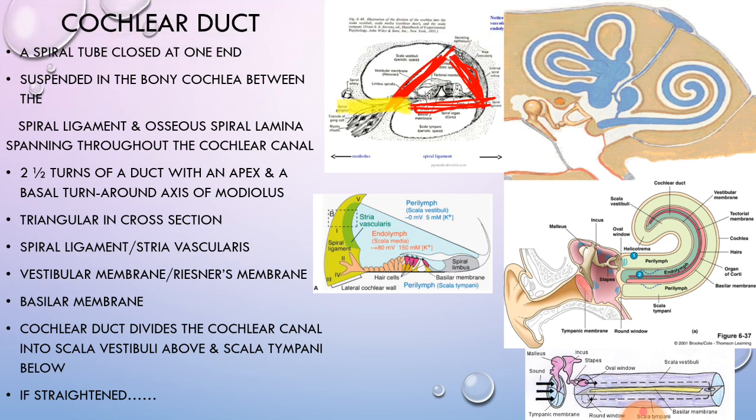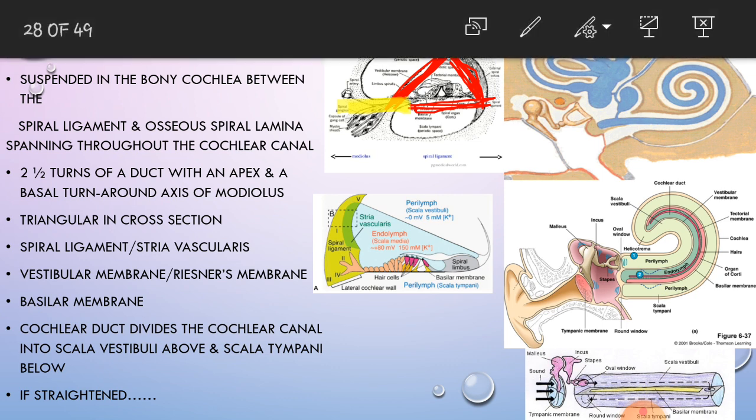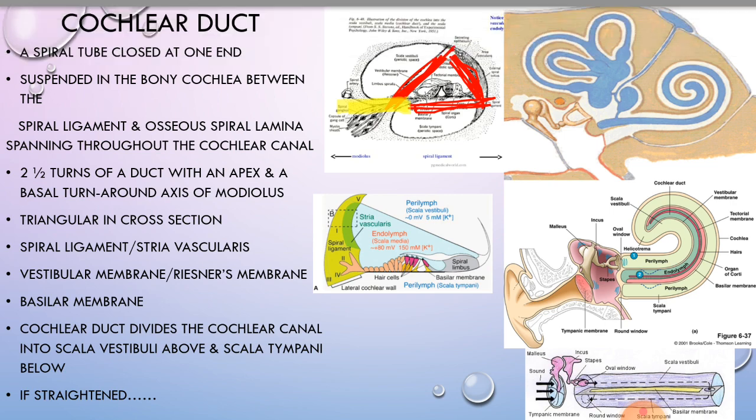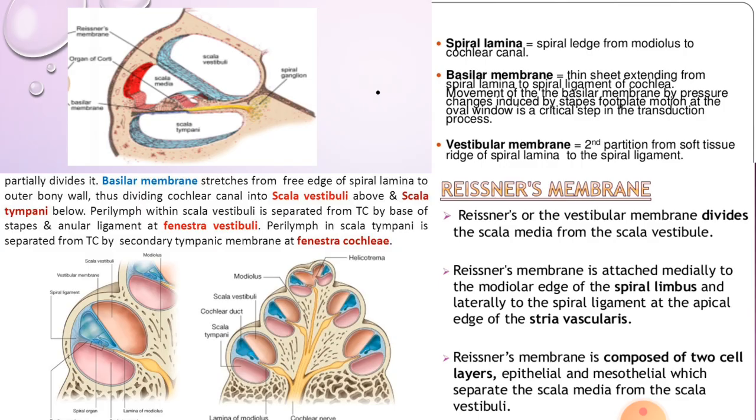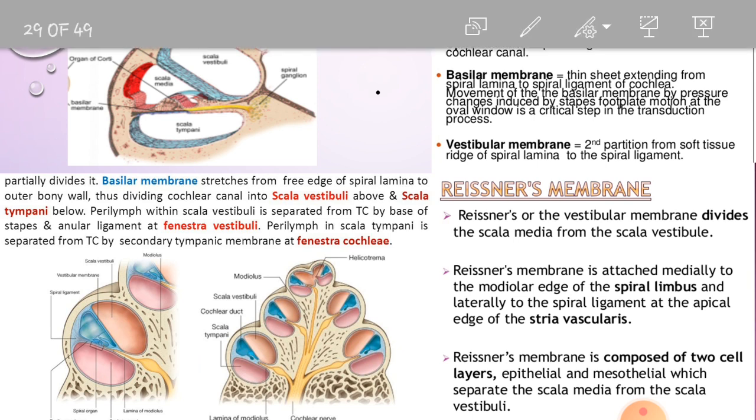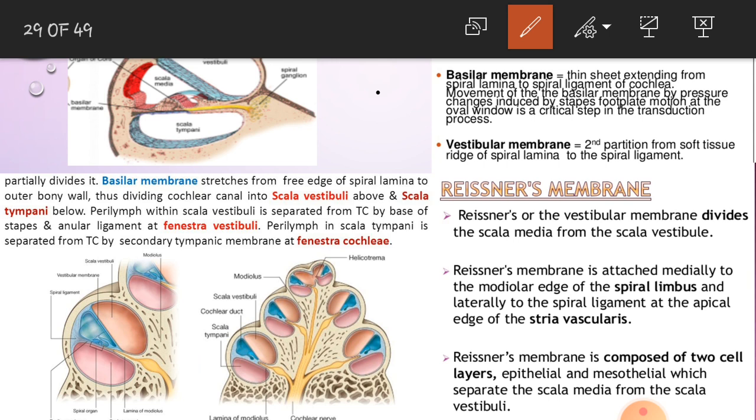Now let's have a look at another diagram where we can see these ligaments. Have a look at this diagram. This is the osseous spiral lamina through which there is transmission of the branches of the cochlear nerve. Then this osseous spiral lamina extends halfway through the lumen of the cochlear canal.